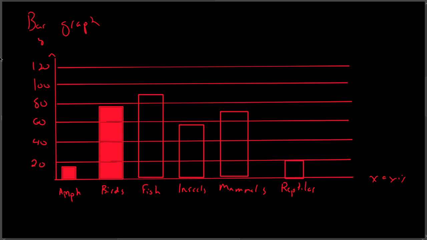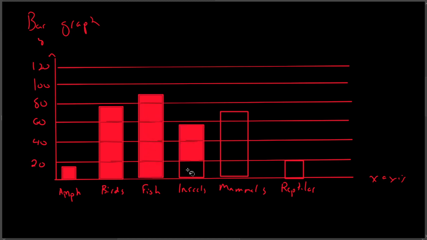And so a bar graph has bars in it, and the bars measure to an exact quantity. You could measure with a ruler to match the number on the side. And we can use this to approximate. So we could say how many fish are endangered, and fish are around 90.